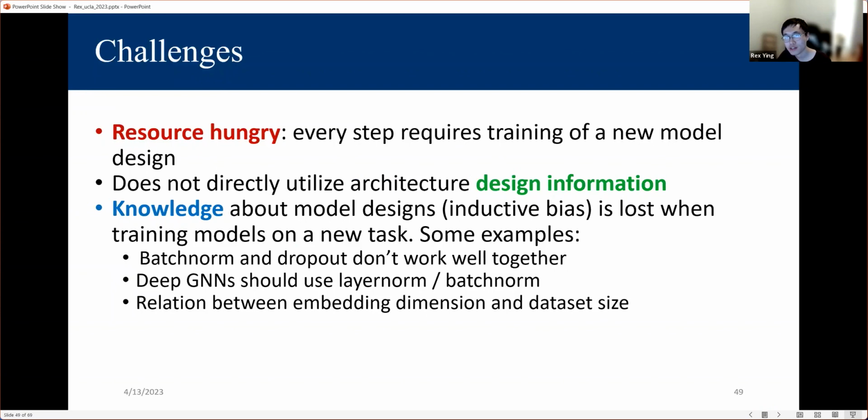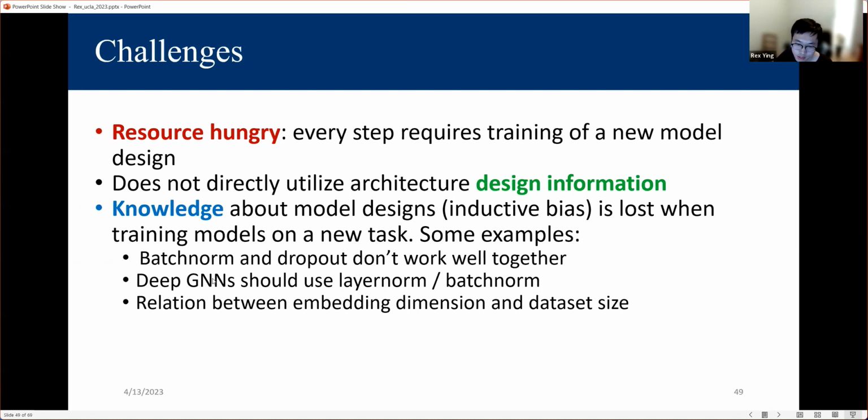So some existing challenges here are that every step of AutoML is quite expensive, because when exploring a new node or a new design of the architecture, you have to retrain the model. So it's resource hungry, and we want to minimize the number of steps needed to do the search. Also, many of these methods, such as Bayesian optimization, don't directly utilize architecture design information.